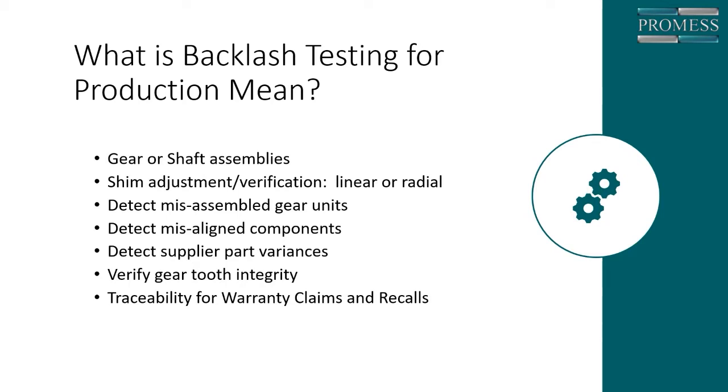Some of the things that we want to accomplish in doing this is to be able to detect things such as misassembled gear units, misaligned components, also supplier part variances, and even verifying the tooth integrity of gears. And of course, being able to have the traceability later down the road for warranty claims and recalls.